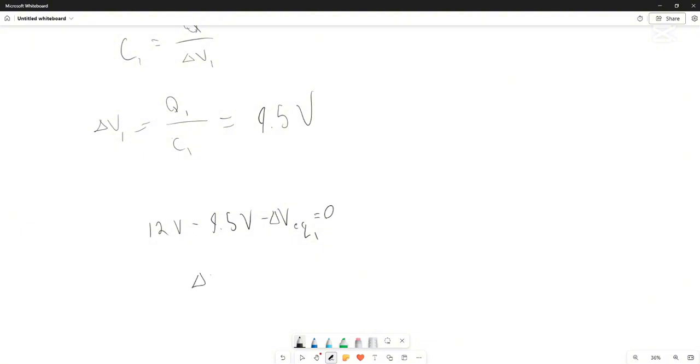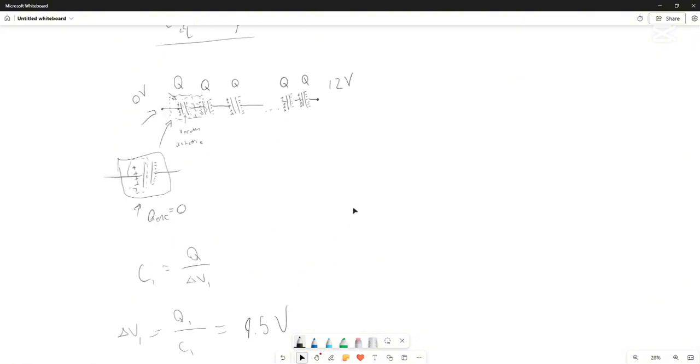Then that equivalent voltage drop, which is equal to delta V2, which is equal to delta V3 because they're in parallel, is equal to 12 volts minus 9.5, which is 2.5 volts. And so we have the answer for that.